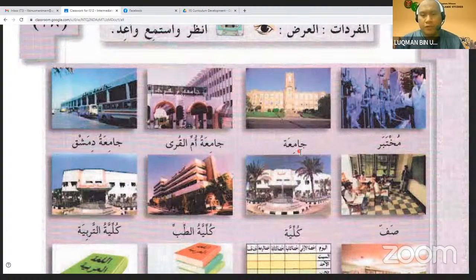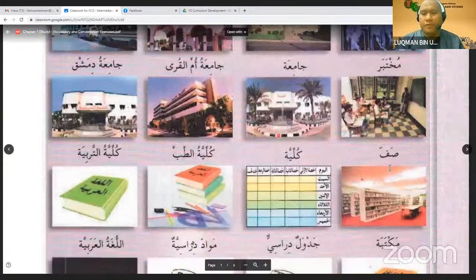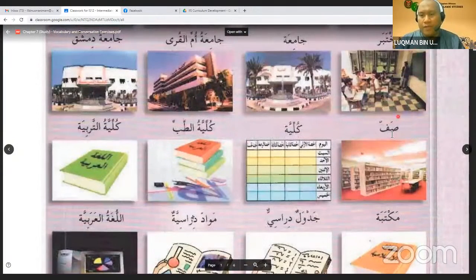جامعة, جامعة, university. جامعة أم القرى, Umm al-Qura University. جامعة دمشق, University of Damascus. صف, صف.